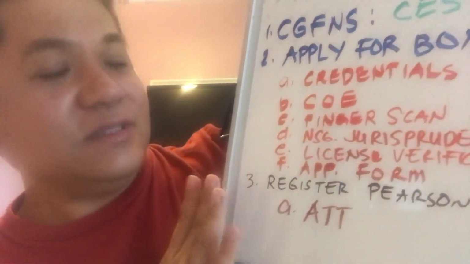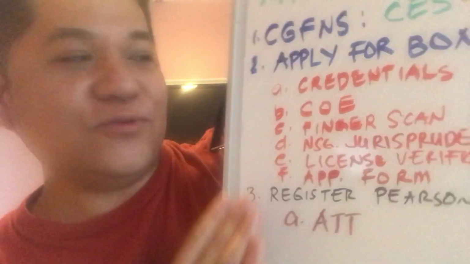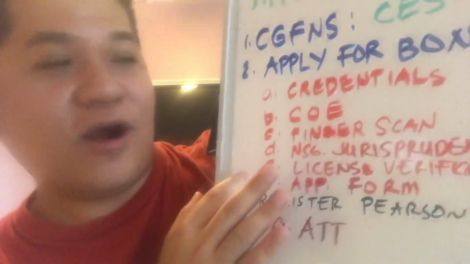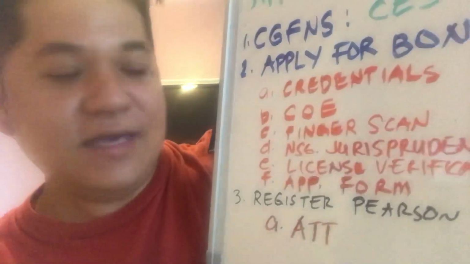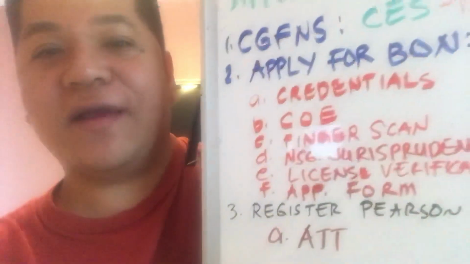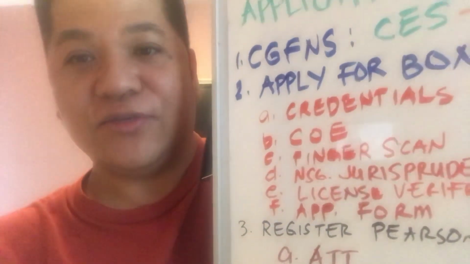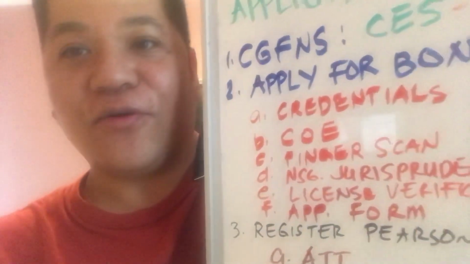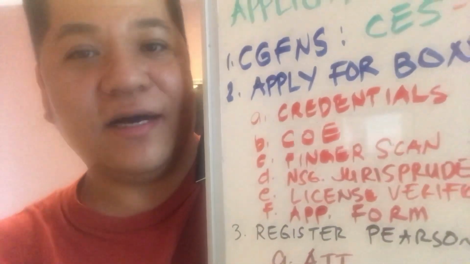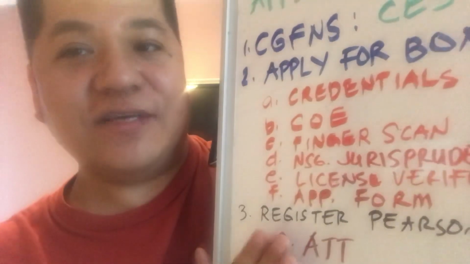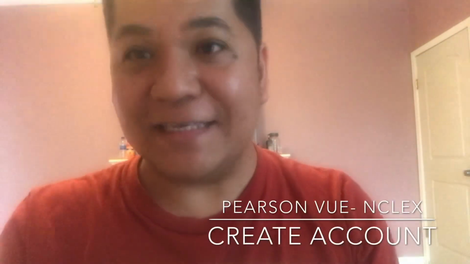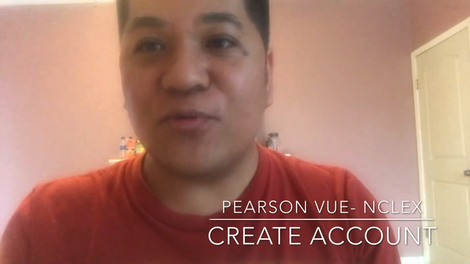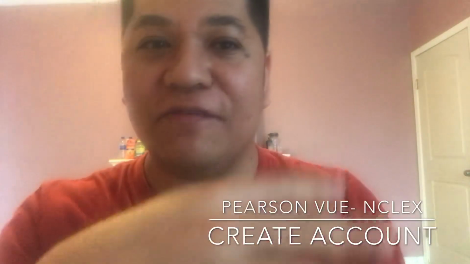Then the last thing you're going to do, after you finish all these requirements by the Board of Nursing, is to register on Pearson VUE. It costs $200, and you create your account, because when you create an account on Pearson VUE, they will send a signal to the BON to give your ATT.